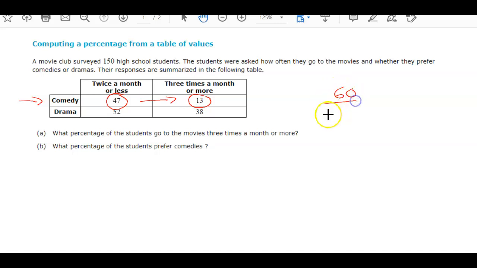So we're going to do 60 divided by 150. And then 60 divided by 150 is just going to give me 40%, 0.40. So 0.40, and that's going to give me 40%. Okay, let's go ahead and move down to number 4.